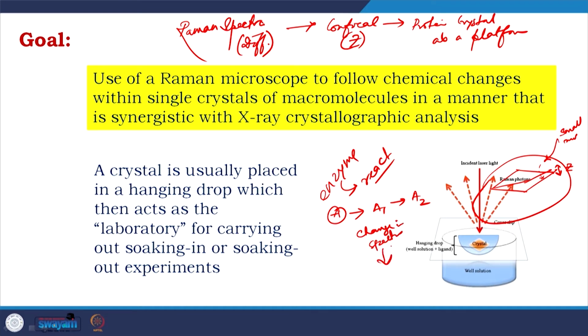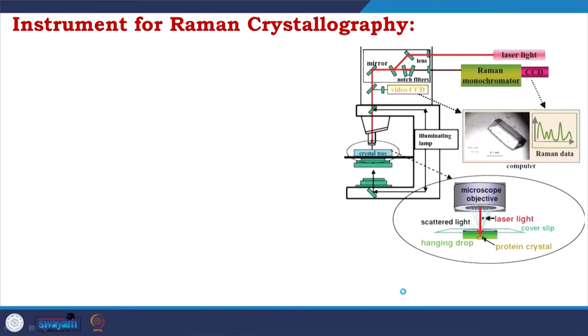That change would be identified by the difference Raman, which is continuously going through detection by the CCD camera, live. So, whenever you see a change, you know this is the moment a change is happening. This is the setup. You could make changes, but this is the basic setup.